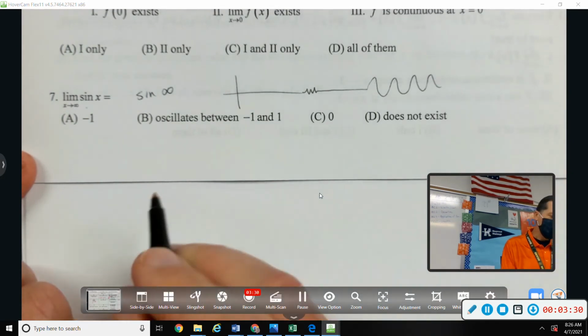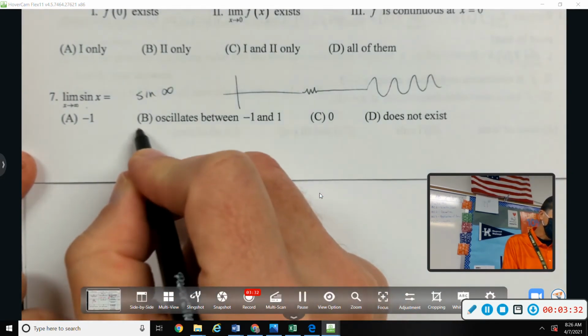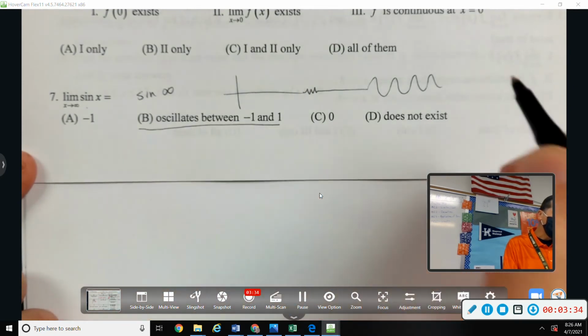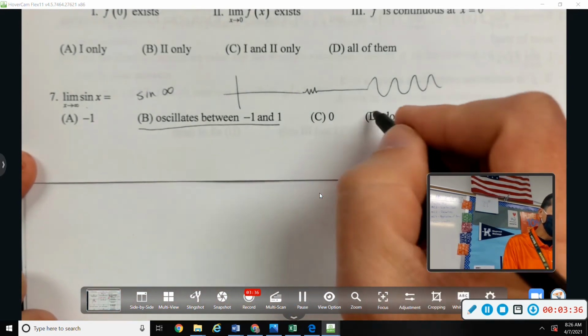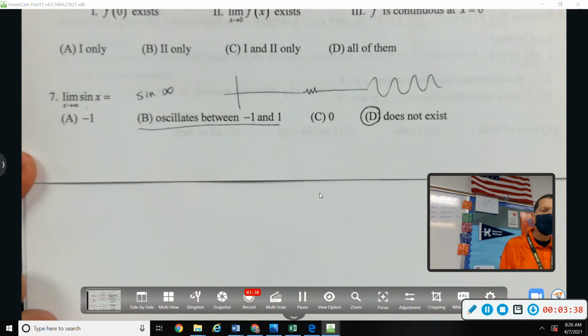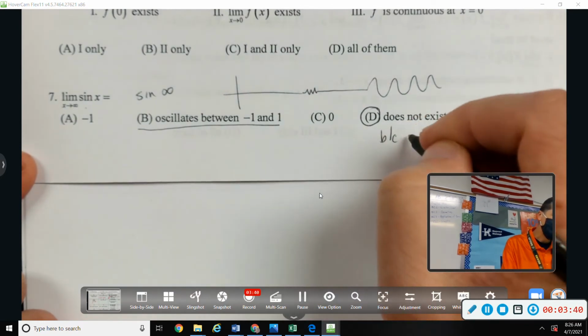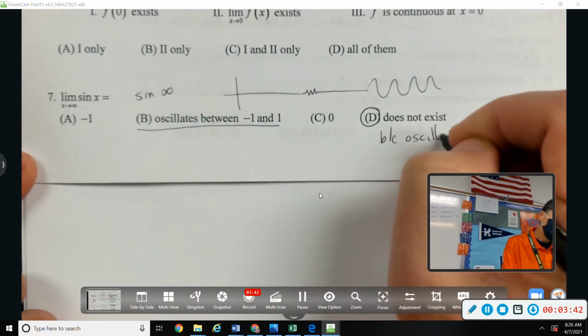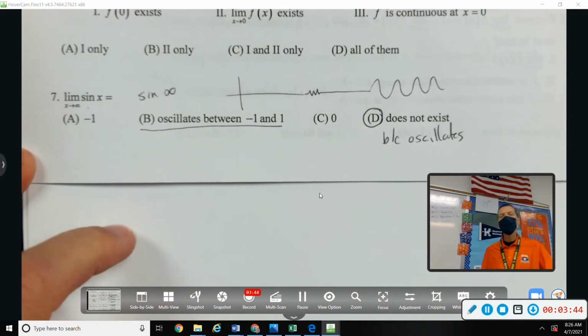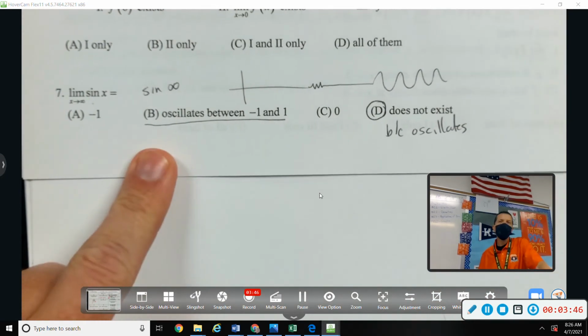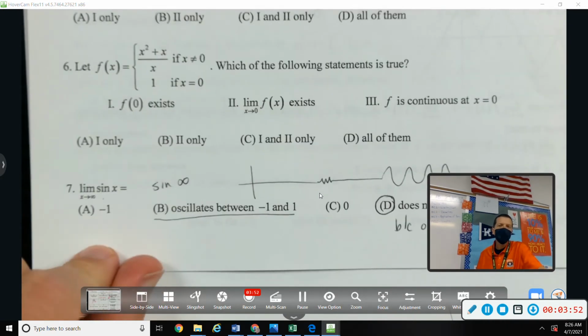So this one's tricky because B is a true statement, but the answer to the limit is not that it oscillates. The answer to the limit is D and E because it oscillates. I don't think they would put answer choice B on the AP test because it's a true statement. It's not technically the correct answer to this problem. So that's kind of tricky.